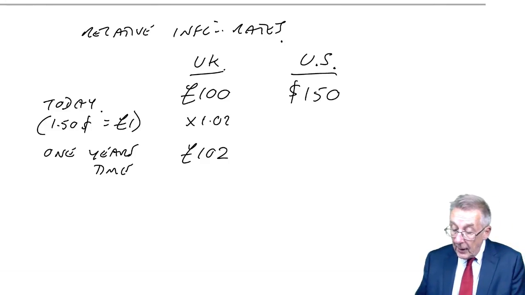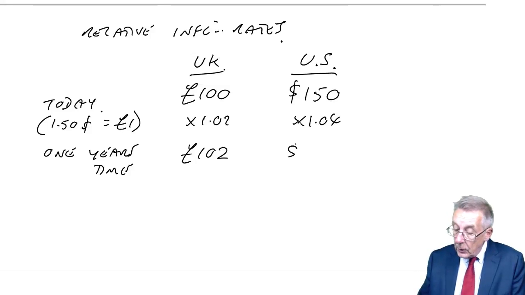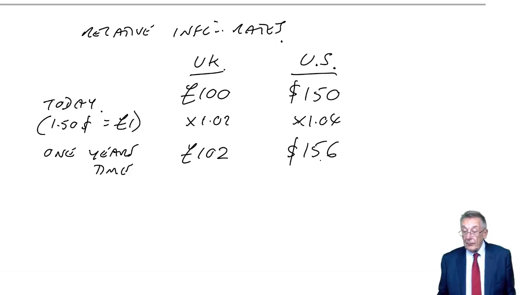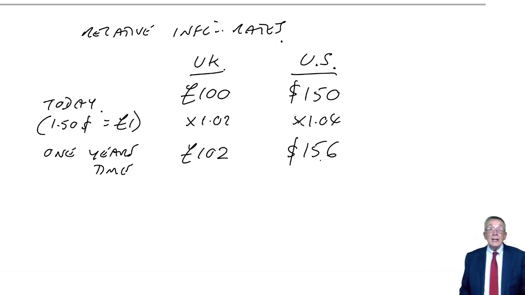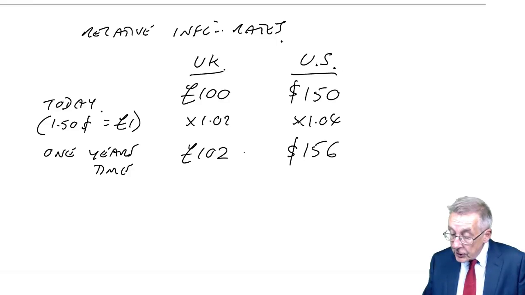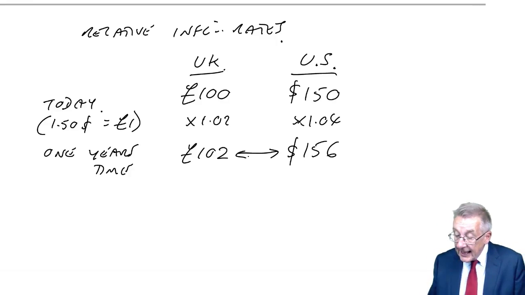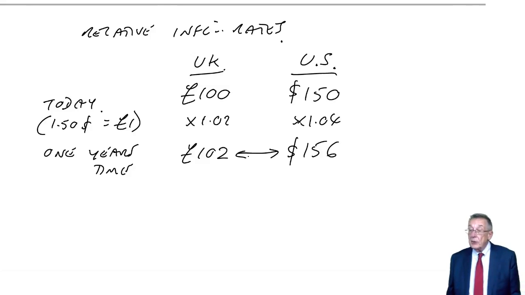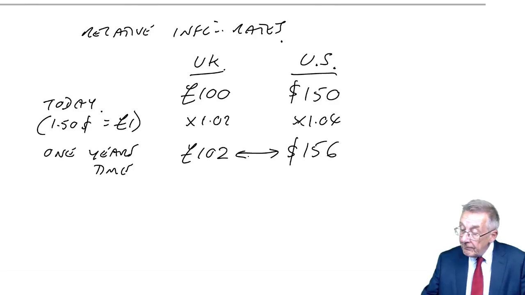In the US inflation is 4%, so it will have gone up to $156. Well, ignoring all other factors which exist in real life, we say the exchange rate must change to keep the two equivalent. For £102 to be equivalent to $156.